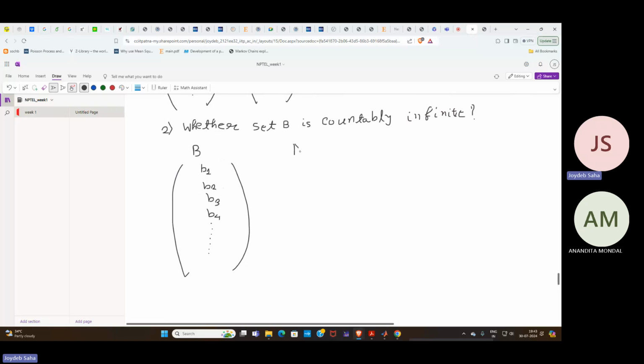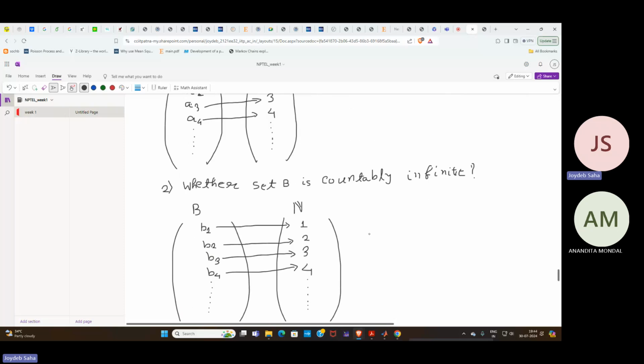And natural numbers are 1, 2, 3, 4, and so on. Now we can definitely map like this, where B1 is mapped with 1, B2 is mapped with 2, B3 is mapped with 3, B4 is mapped with 4. So we can say that set B is countably infinite.